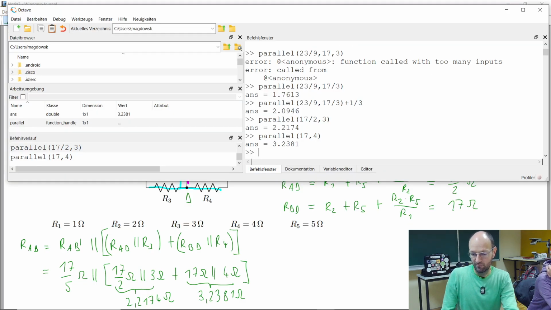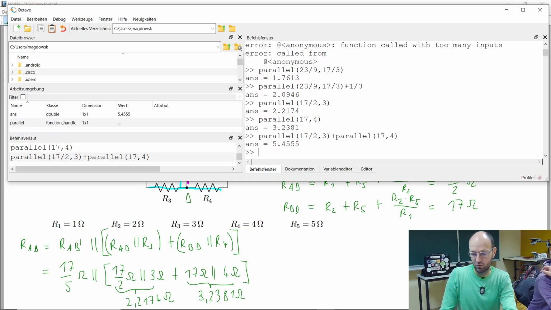So maybe I can copy here a bit, plus this parallel thing of 17 and 4. So this in total gives this, and so now at the end we need to have this in parallel to 17 over 5.